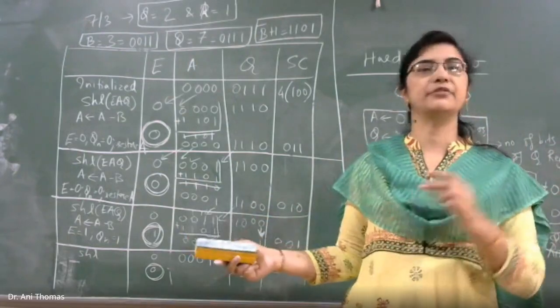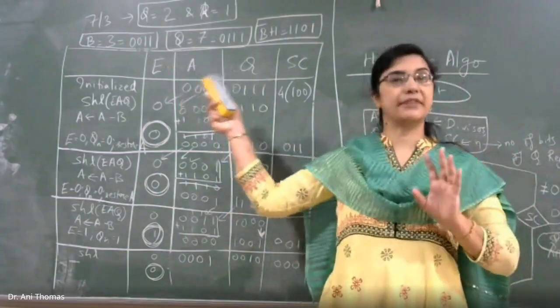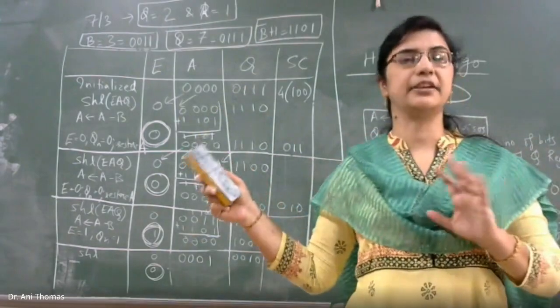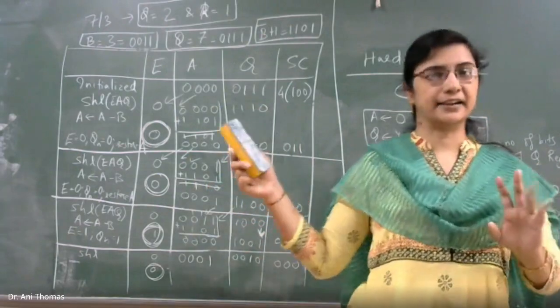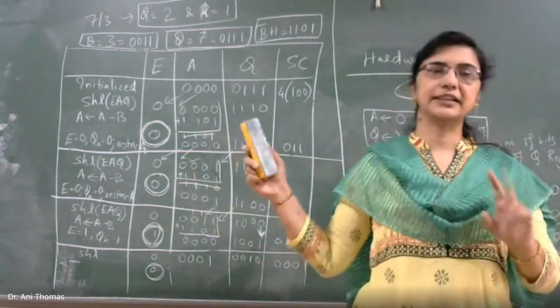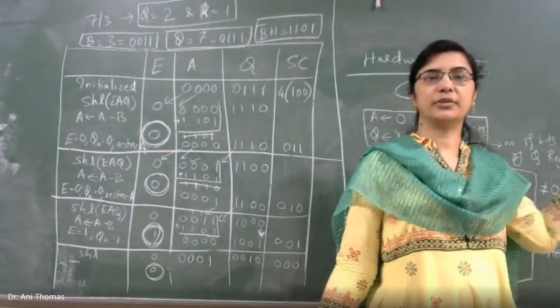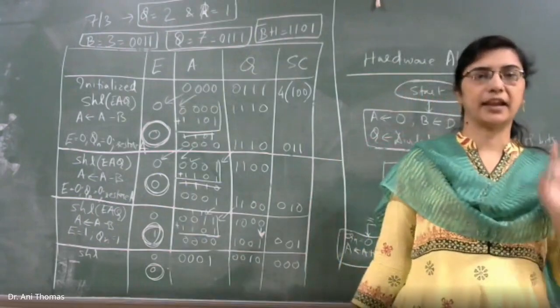For this example, I have not specified any sign, meaning we have done it for plus 7 divided by plus 3. Even if we do it for minus 7 divided by plus 3, the sign bits are handled in that manner that you will get QS as the sign bit, which will represent the sign difference between A and B.